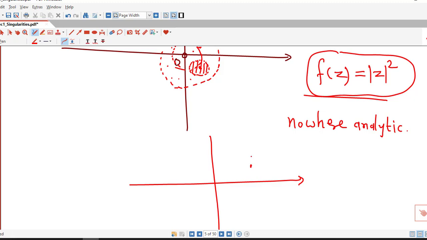So if we consider a neighborhood of this point, because the function is nowhere analytic, it is not analytic at any point in this neighborhood. So this function has no singular points. If our function is nowhere analytic, it will have no singular points.